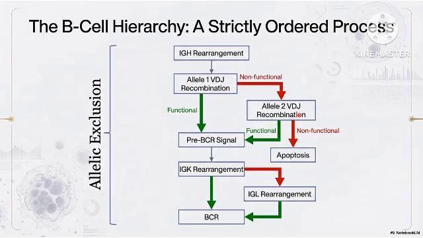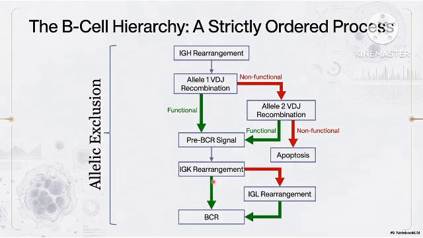If it becomes functional, then the cell will become a pre-B cell. Again, if it becomes non-functional, because both alleles led to non-functional IGH rearrangement, the cell has to undergo apoptosis. It cannot survive. Either one of the alleles should be functional.